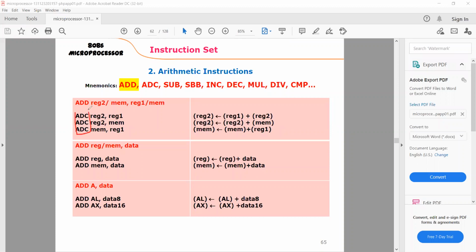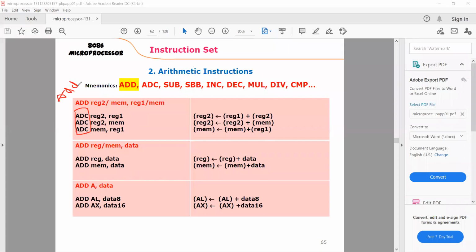Now, what do you mean by ADC? ADC means addition with carry. It will perform the add operation with carry.